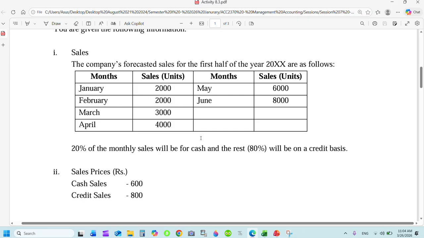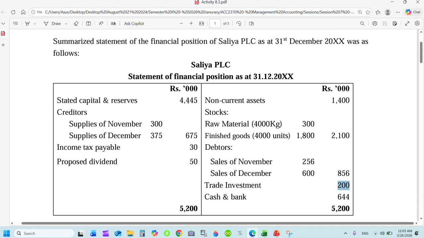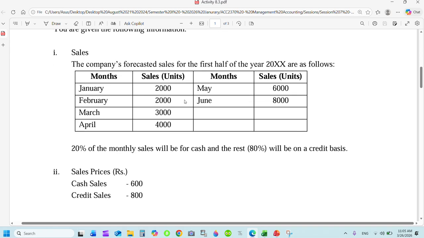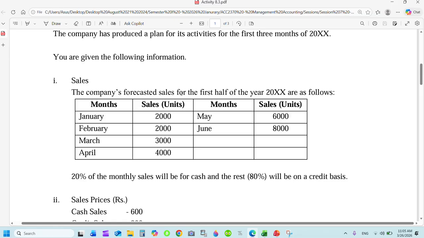So let's see how to prepare the sales budget using this information. All this information will not be relevant when it comes to preparing the sales budget. The sales budget is a very straightforward and simple budget. We are starting from the sales budget and then we'll discuss the rest of the operational budgets.